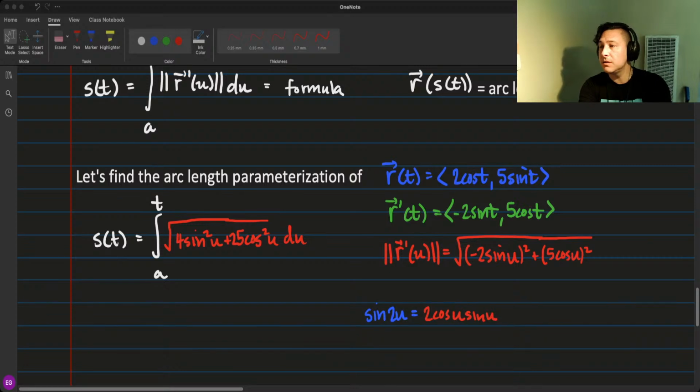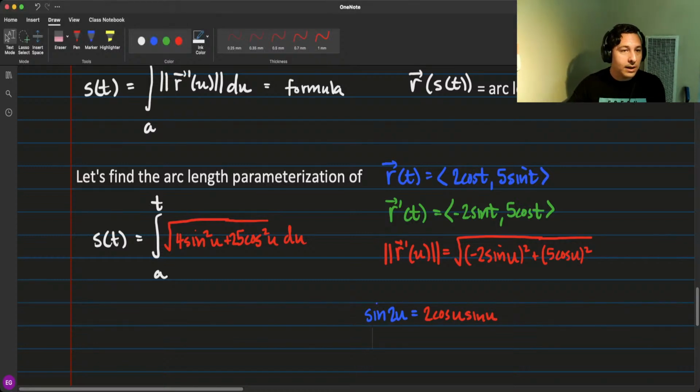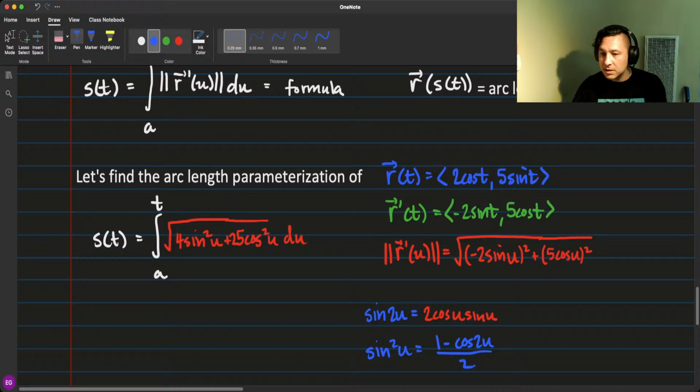Power reduction formula. I'm looking it up right now. Oh, okay, here. We know that sine squared u equals (1 minus cosine 2u) over 2. We also know that cosine squared u equals (1 plus cosine 2u) over 2.